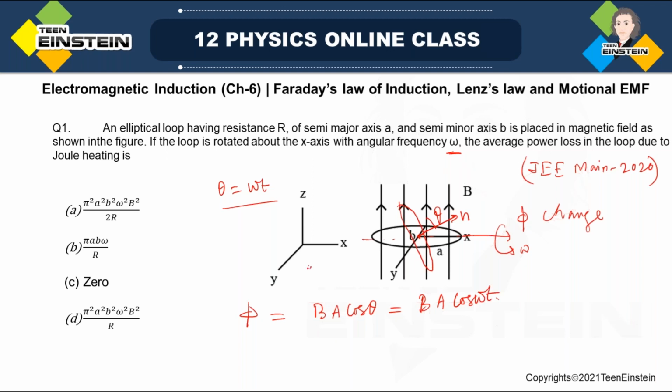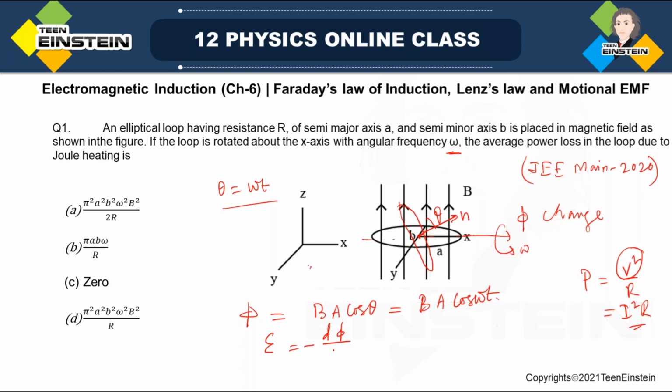Now here the question is the average power loss. If you want to find out average power loss, you have to find out P equal to V squared by R or I squared R. What is this V? This V is the induced EMF in this case. So how to find out the induced EMF?